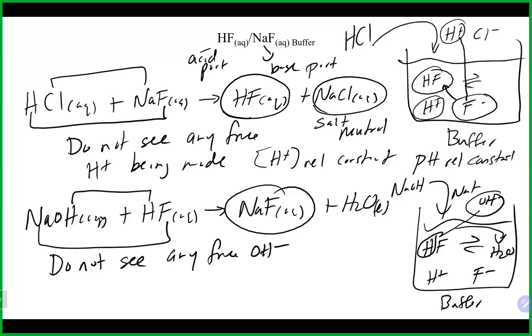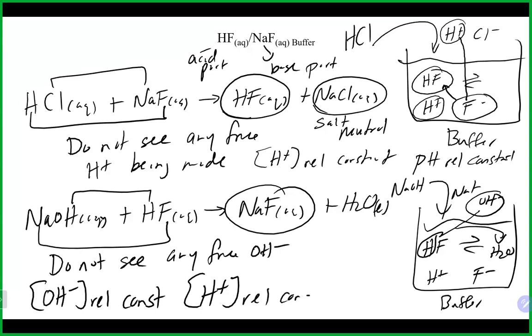We don't get the free OH minus floating around. And because of that, the OH minus concentration stays relatively constant. And because the H plus concentration is related to that, it also stays relatively constant. And that keeps your pH relatively constant as well. Again, if you're following the pH, you will see it go up a little bit, but will not have this really big jump in pH because it is not allowing the OH minus into the solution.